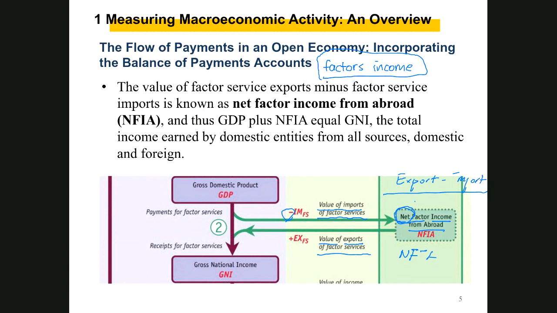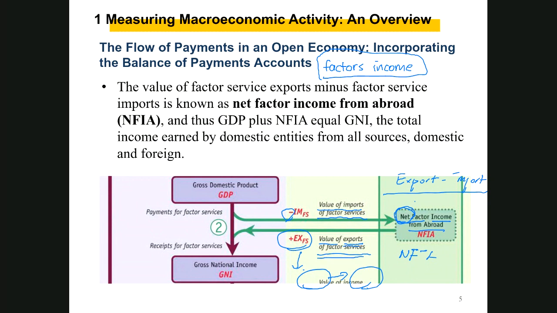So for example, say that one US citizen was hired by the Chinese government to build a factory, and he received the payment from the Chinese firms, right? So the US exports labor to China and receives the payment. This is called the export of factor services, right?